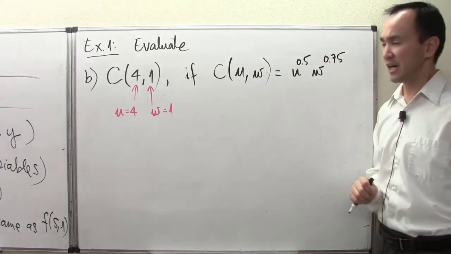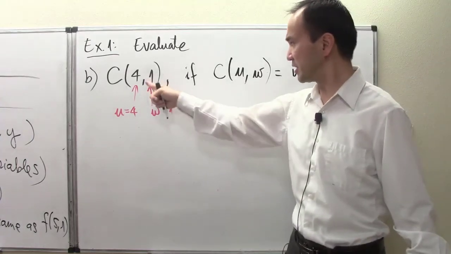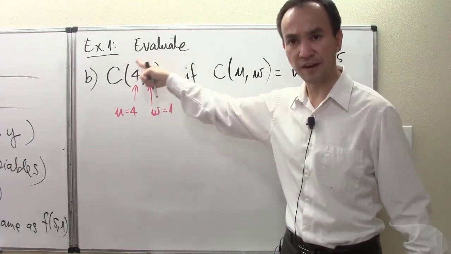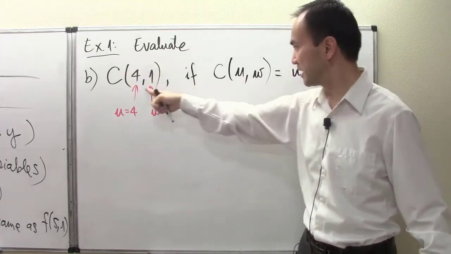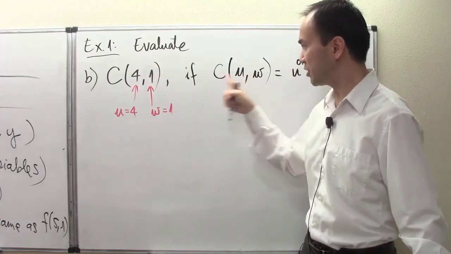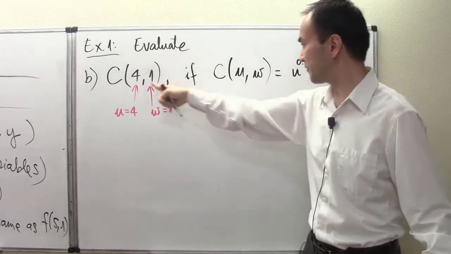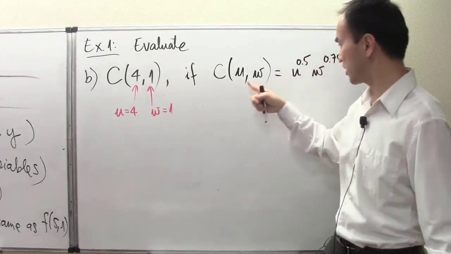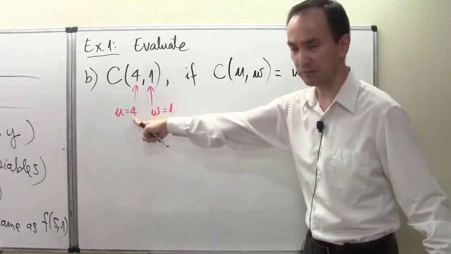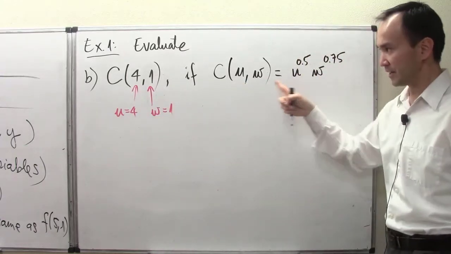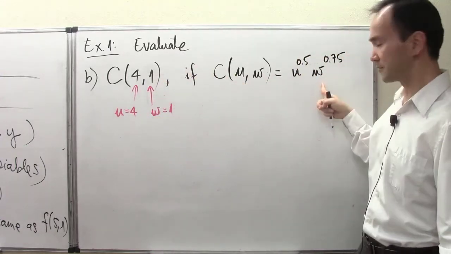Okay, so now again back to what I explained. This is an ordered pair of values corresponding with u and w. So the first number before the comma is corresponding to the u variable, or to be substituted for u, and then the second number is for w.